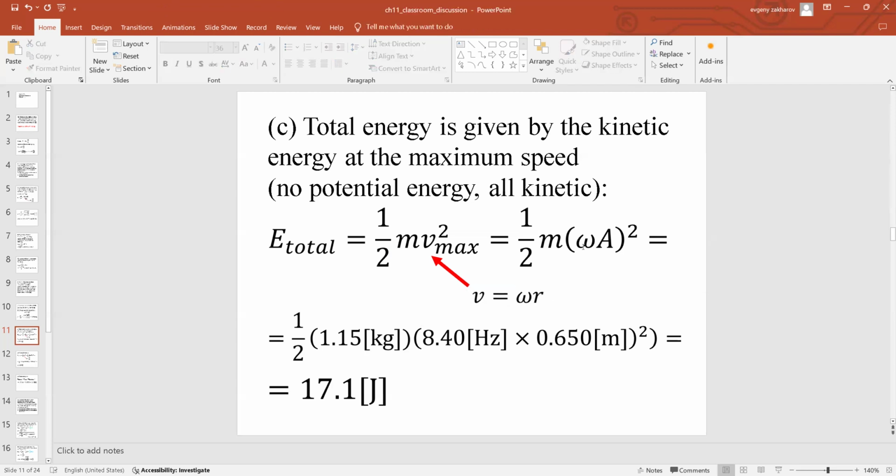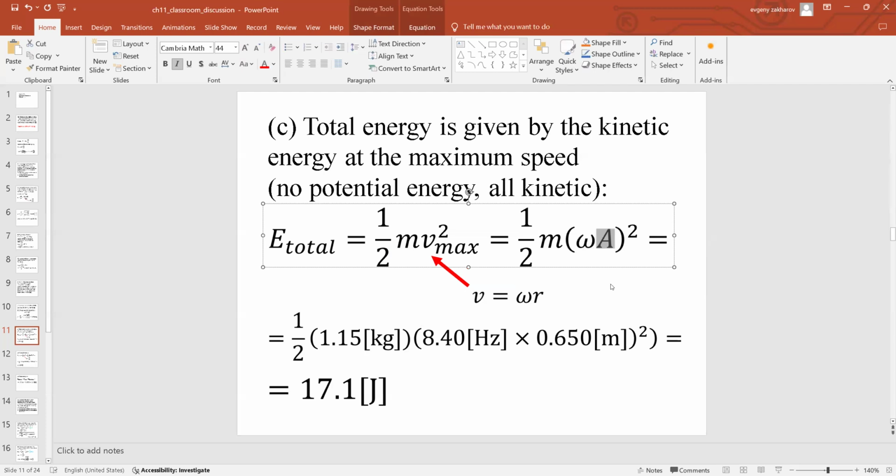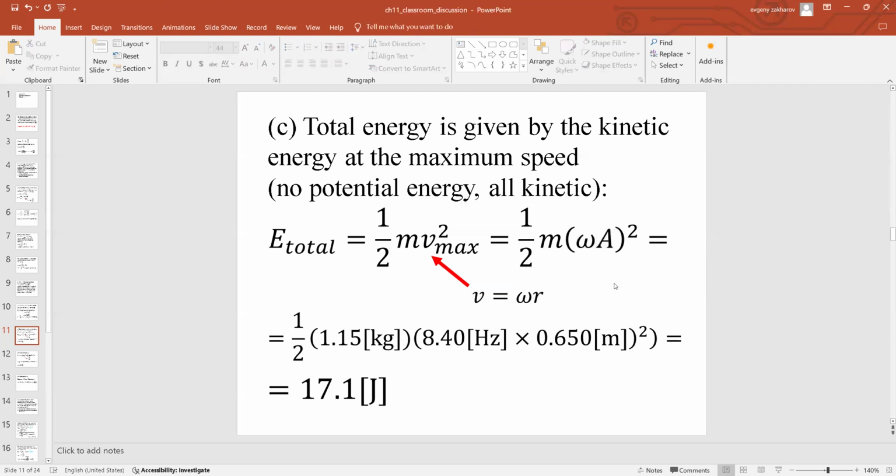So instead of v, you go omega a, r, the radius for rotation becomes amplitude as maximum displacement from the equilibrium. And you square the whole thing, so it's omega squared and a squared.